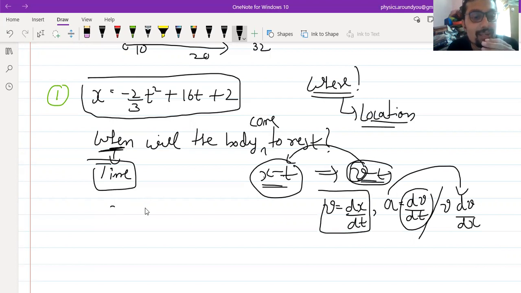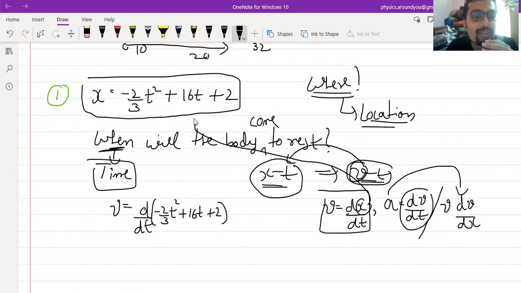So v is equal to d by dt of x. But instead of x, I substitute minus 2/3 t square plus 16t plus 2.